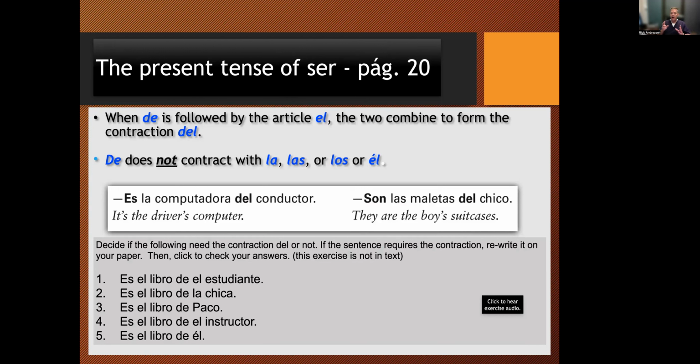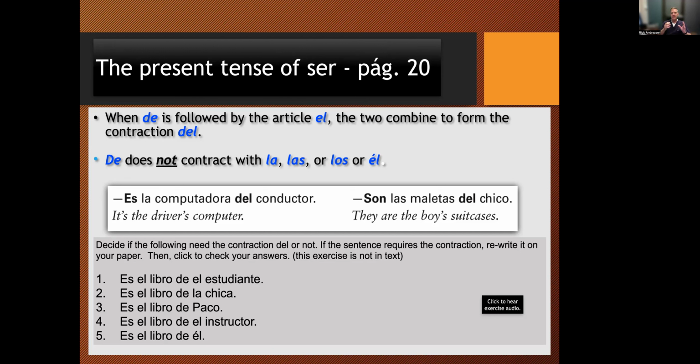Okay. Now there are very few contractions in Spanish. In English, we have them all over the place. In Spanish, we really have basically two. When de plus el, meaning the, we talked about articles in a different lesson, de plus el combine to make the contraction del. So there's a restaurant called Del Taco.